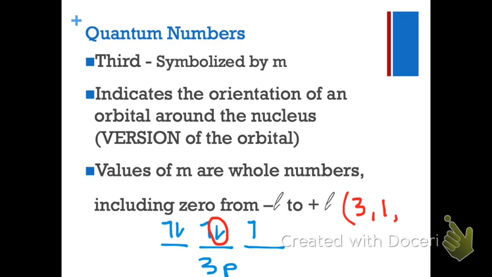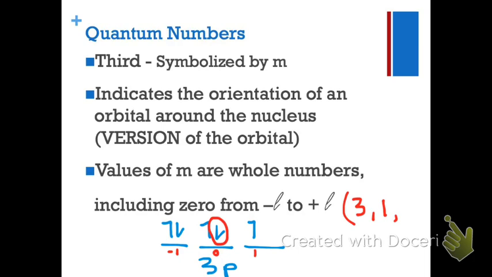And we said that values of M are whole numbers that range from negative L to positive L. Here's our L value right here, 1. So they need to range from negative 1 to positive 1. Here's how we figure out which one it is. We write underneath them, negative 1 to positive 1. Negative 1, 0, positive 1. Those are our 3 different versions of our orbital.